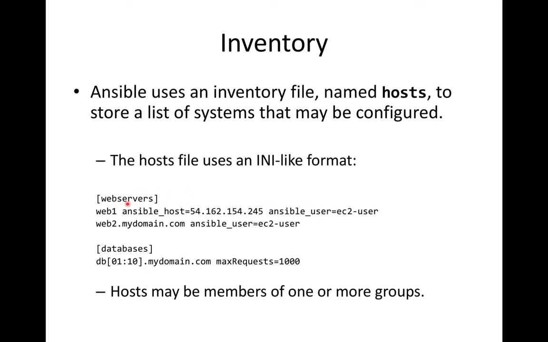So for example, web1 is located at this IP address, and Ansible will use this user account to log into the web1 server. The web2 server has a fully qualified domain name, so Ansible will just use the fully qualified domain name to access the server.